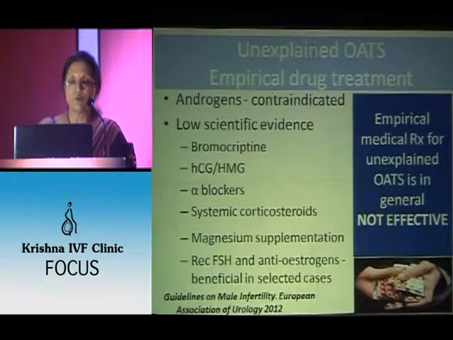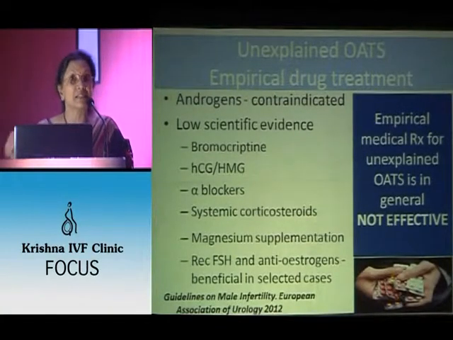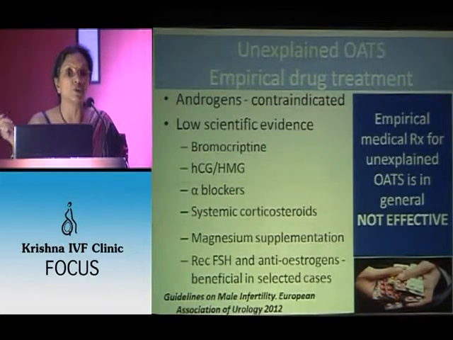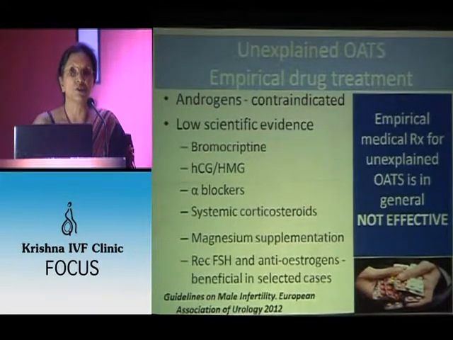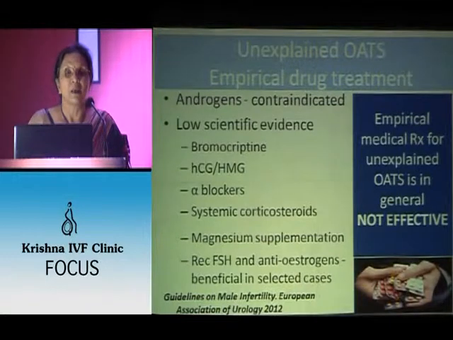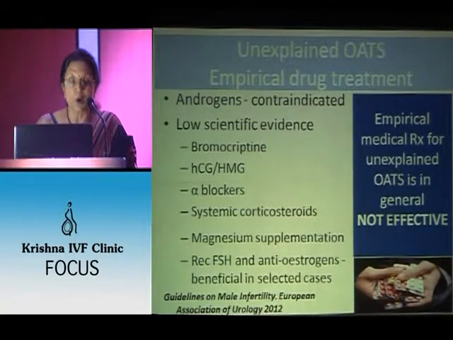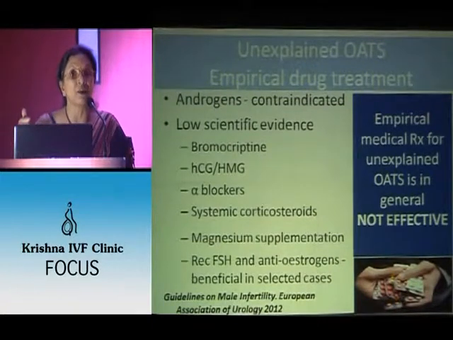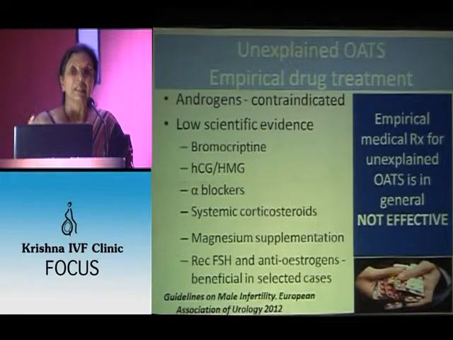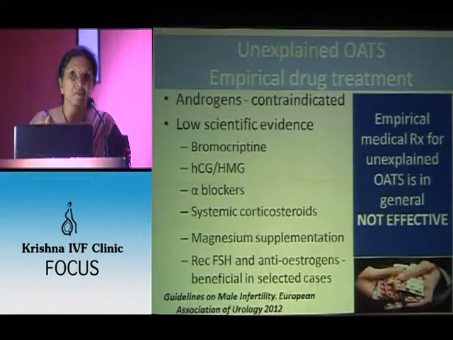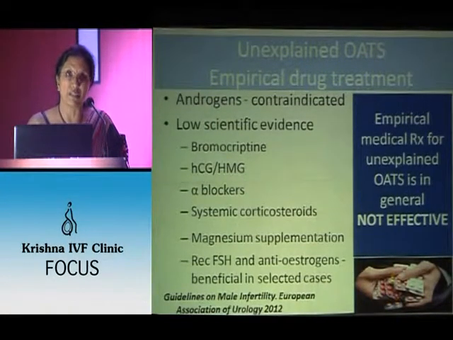So what do we do? What is empirical drug treatment? The drugs I have listed here are used by gynecologists, urologists, andrologists time and time again just to improve sperm count. Now look at what is contraindicated. Androgens are contraindicated because they will negatively affect FSH and LH secretion and possibly, as a rebound, might further depress sperm counts.